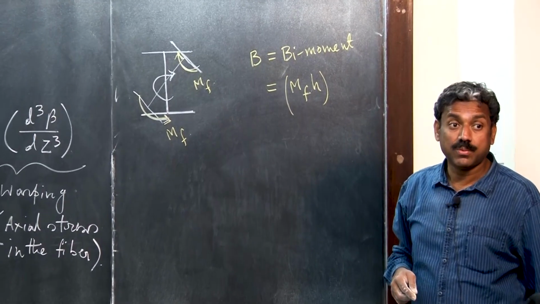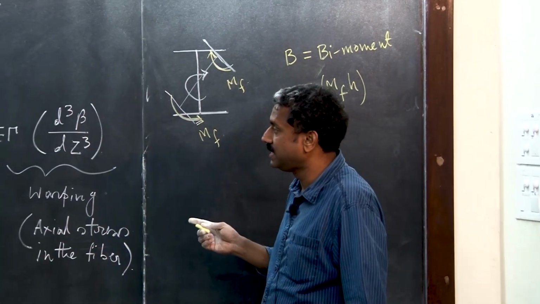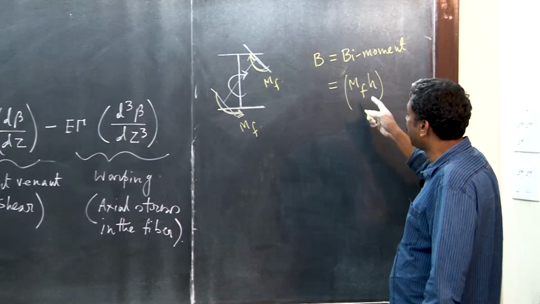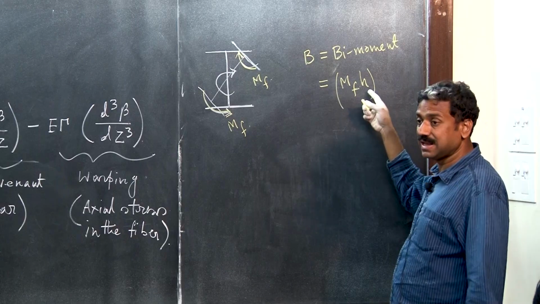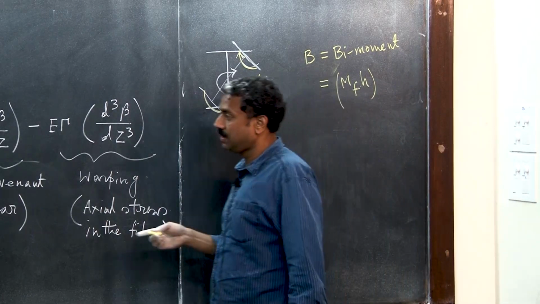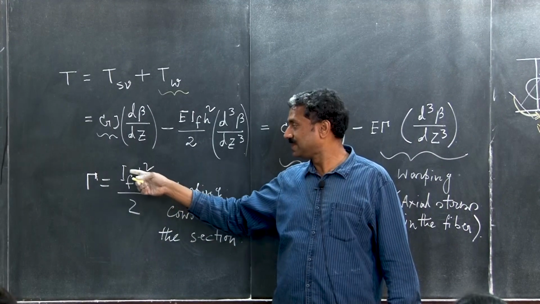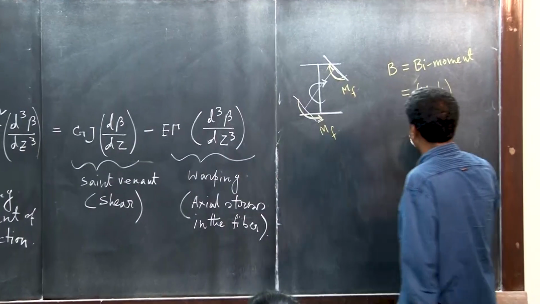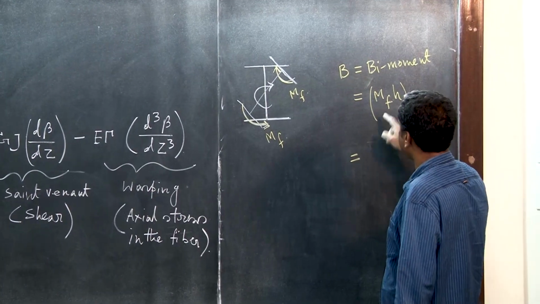This is called bimoment, and because it is bimoment, its dimension will be whatever the bending moment, and then there is another additional h. So, that is why you see h squared by 2. Bimoment can be related to M_f into h. This M_f is what?